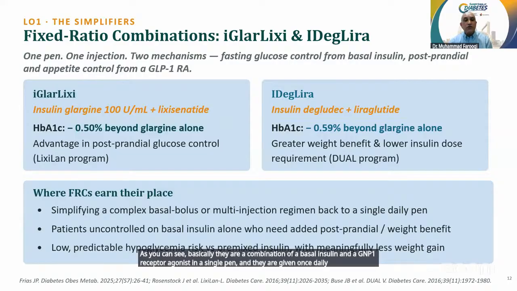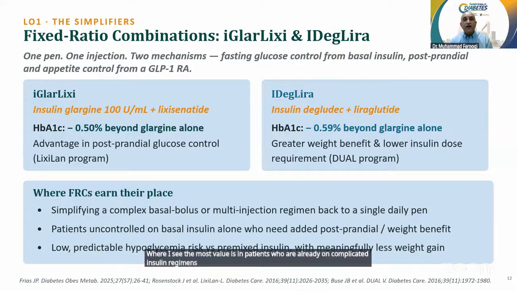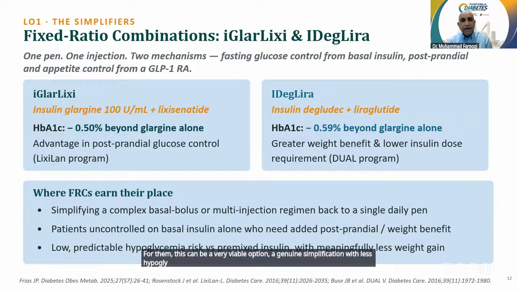Where I see the most value is in patients who are already on complicated insulin regimens, or are going to be on multiple daily injections or a basal bolus combination, whichever term you want to use. For them, this can be a very viable option, a genuine simplification with less hypoglycemia and weight gain, and an alternative to our old friend, the premixed insulin.